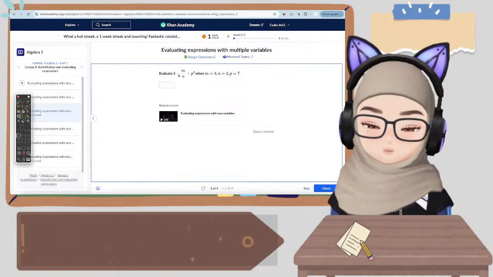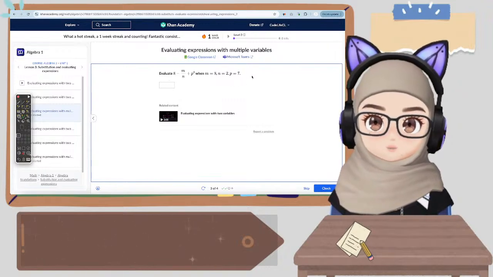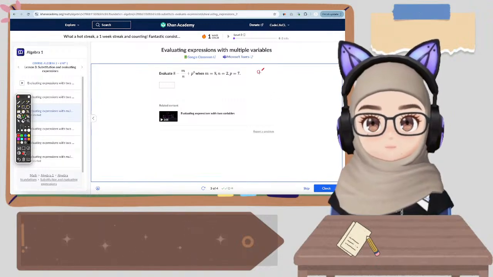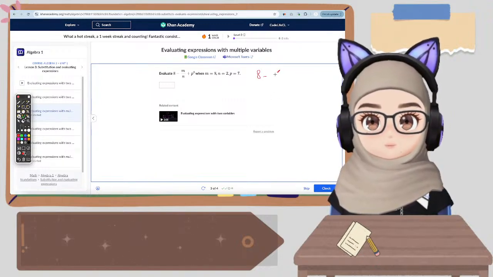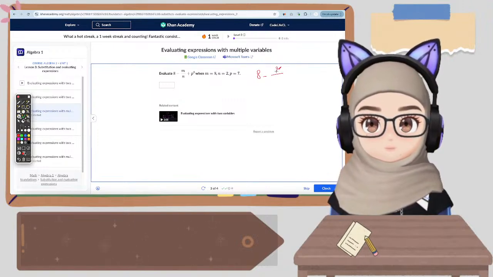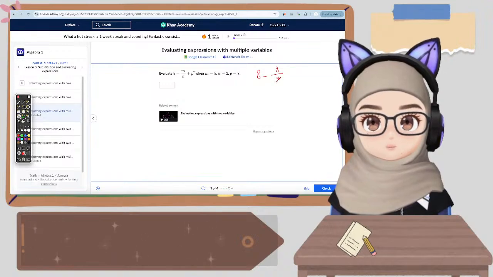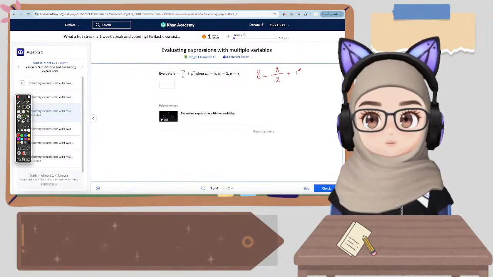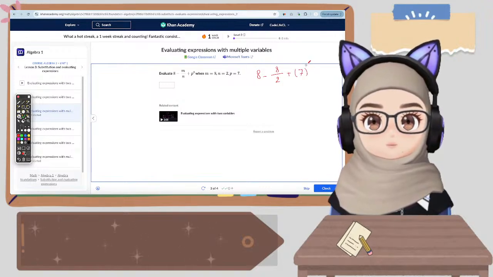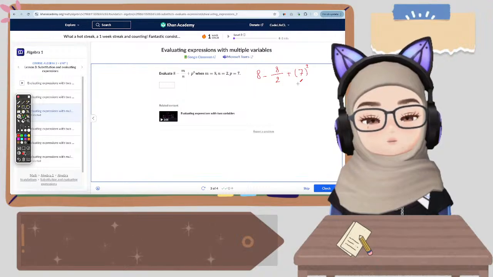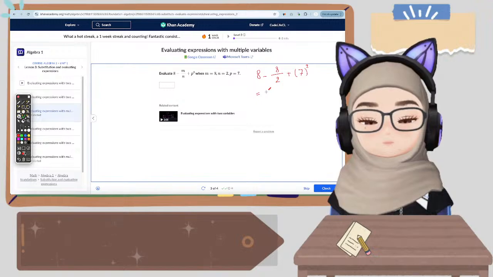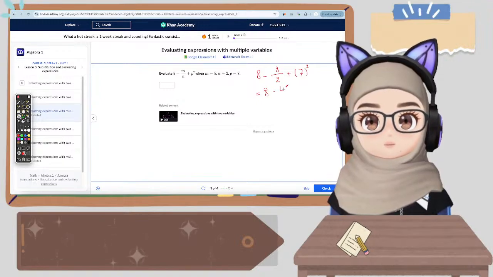We have 8 minus... Oh, hey, what did I do to my pen? Here it is. 8 minus... The m is 8. The n is a 2 plus p squared, and p is 7. 7 squared. Oh god. What is 7 times 7? So this is still 8. This is a 4.